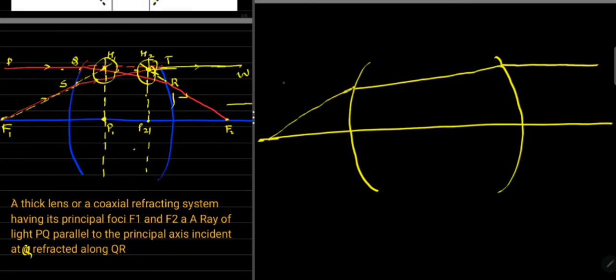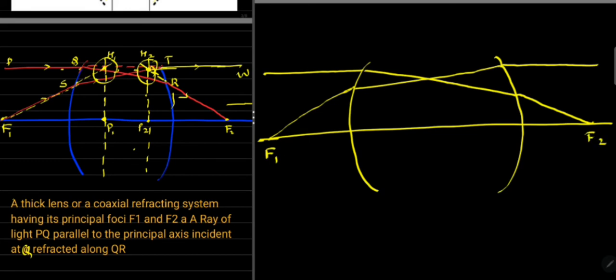Okay, and then next we will take another ray here. This is the incident ray parallel to the principal axis, refracting inside the lens, and then emerging from the outer surface and meeting a point on the principal axis. So this is the F1 and this is the F2.